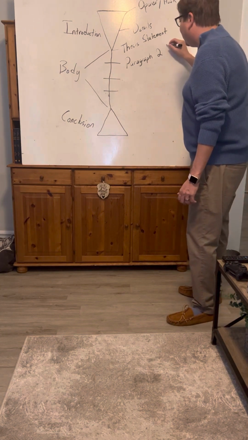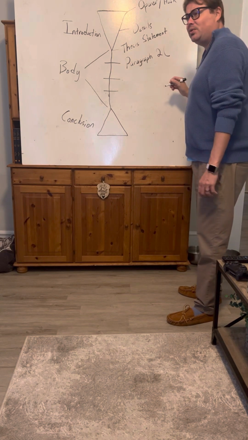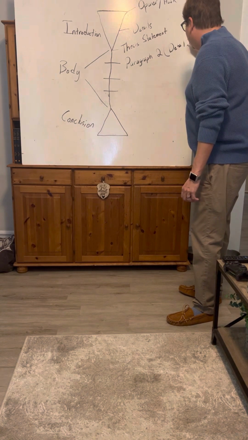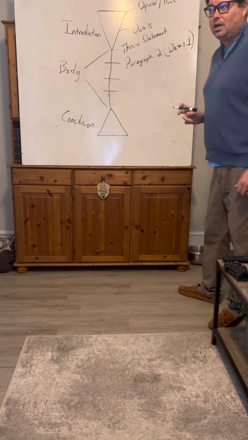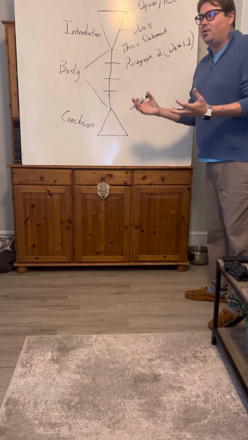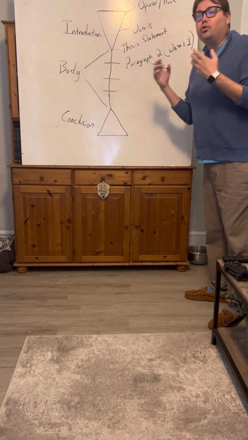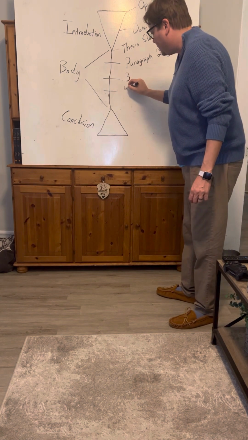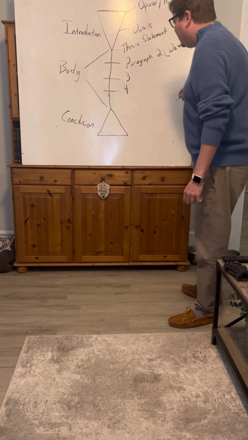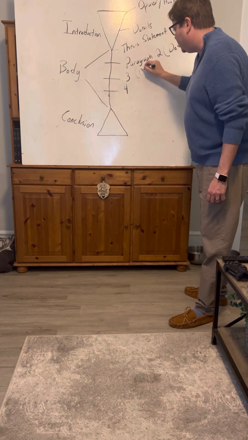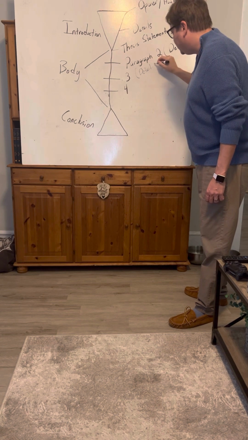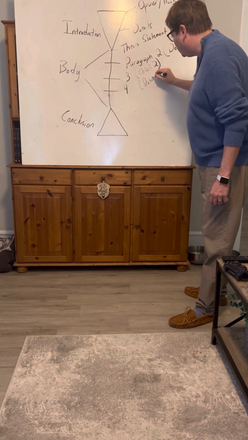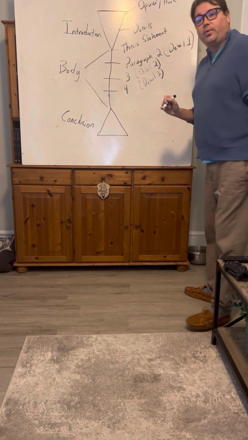But your paragraph 2 is also going to be your detail number 1, or background number 1, or proof number 1. So we've got paragraph 3, paragraph 4, and again, you want detail number 2 and detail number 3.